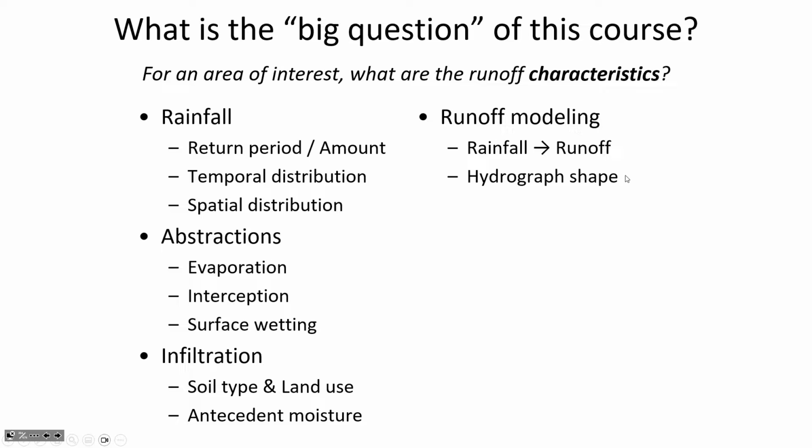But then there's also the question of, when we know the runoff depth, how do we generate the shape of the hydrograph? Maybe we have a unit hydrograph for the watershed itself, but most of the time we won't. So we're going to have to use some sort of a synthetic unit hydrograph to give a temporal distribution to the runoff.